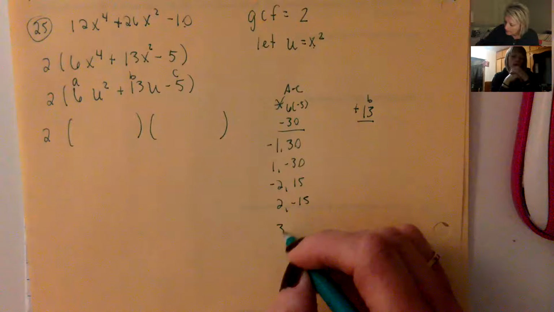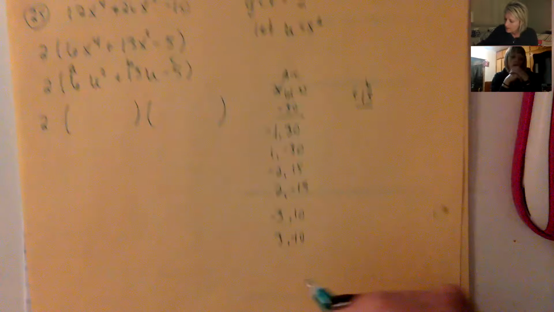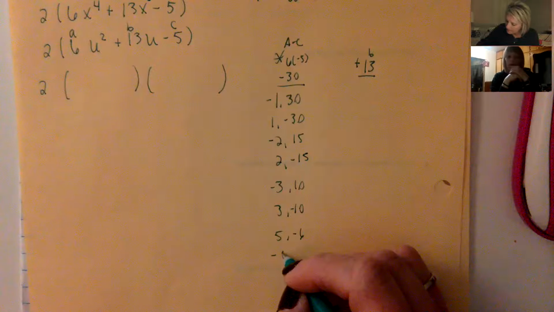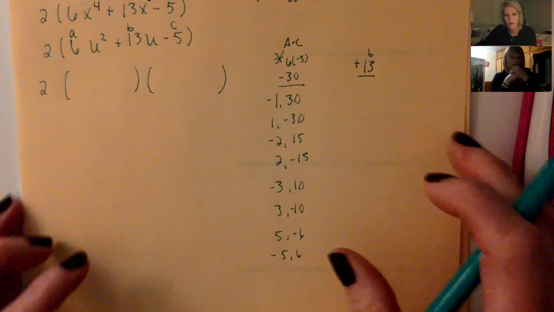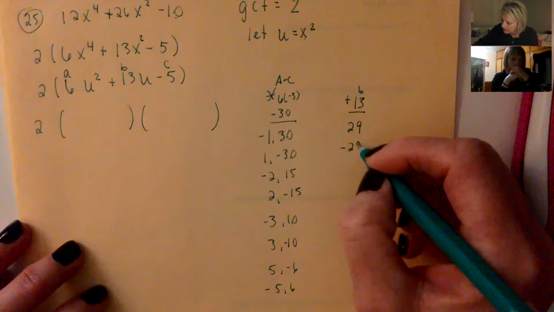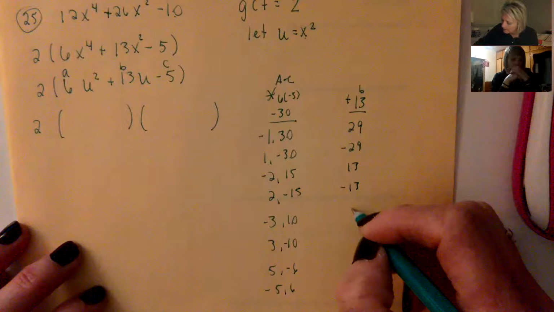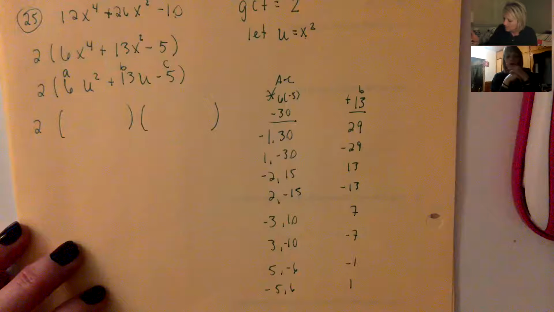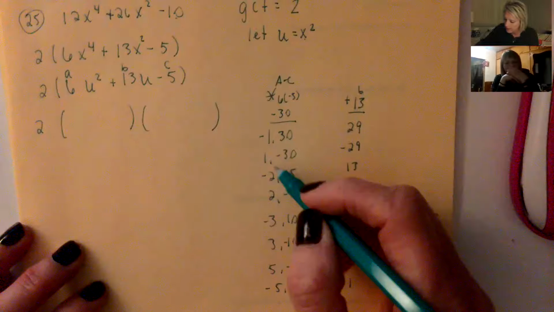Then 3 and negative 10. 4 is not, but 5 and 6 are. If I add them, this is going to be 29, negative 29, 13, negative 13, 7, negative 7, negative 1, and 1. We need a positive 13. So this is my combo.